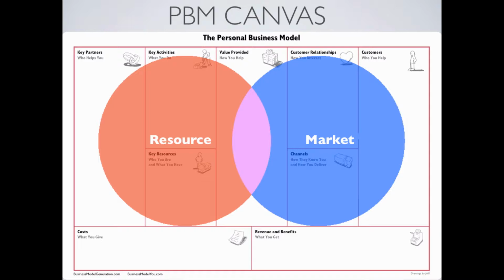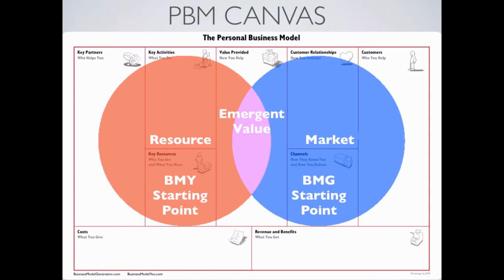And if you look at the processes we have, you'll see that the book Business Model You starts over here with you, and you're the resource, where business model generation really starts into what makes a good market. In either case, we are creating insights that produce emergent values.